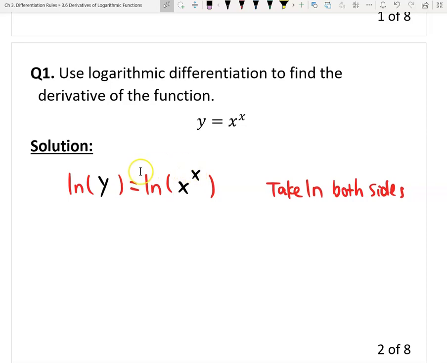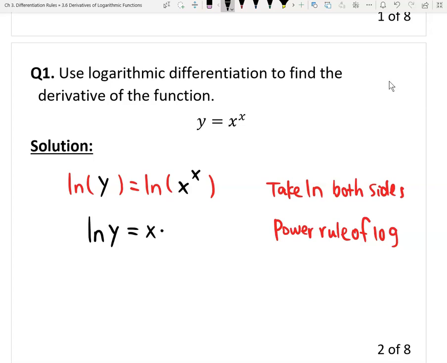We can take the power x down. We have the power rule of log to simplify the right. After simplifying, the left is ln y and the right is x times ln x.